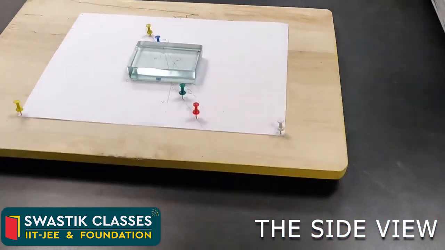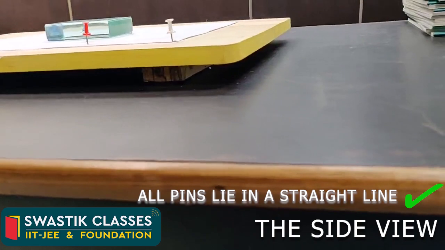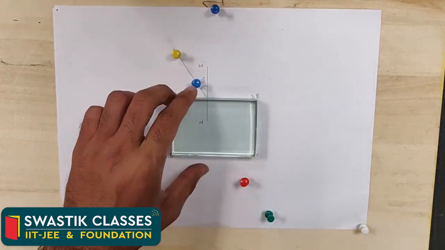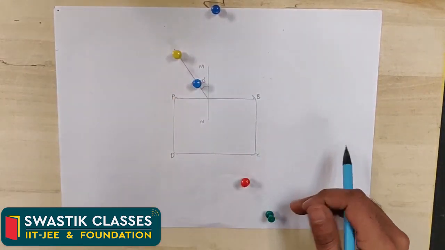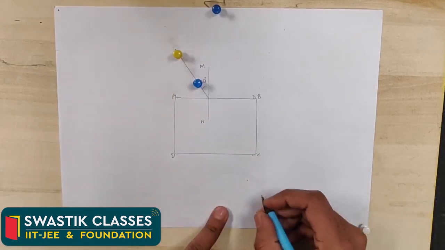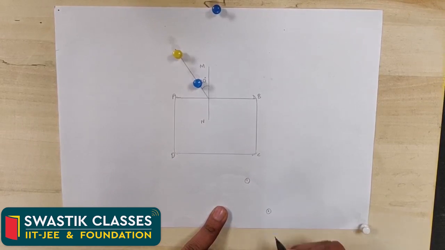Now we can see, as we are looking through the glass slab, that these four pins are collinear, lying in a straight line. Now we'll remove the glass slab and also the pins. You can circle these two points where we have placed the pins so that they can be clearly visible.